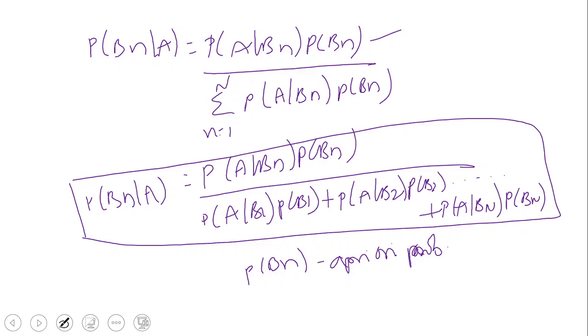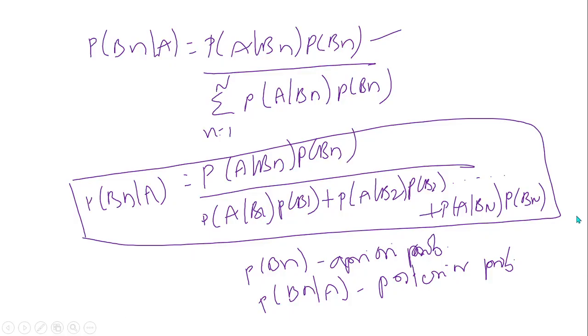We know the prior probabilities P of B1, P of B2, P of B3 and so on. And P of Bn given A are called the posterior probabilities, which we are calculating. So this is about the Bayes theorem. Thank you.